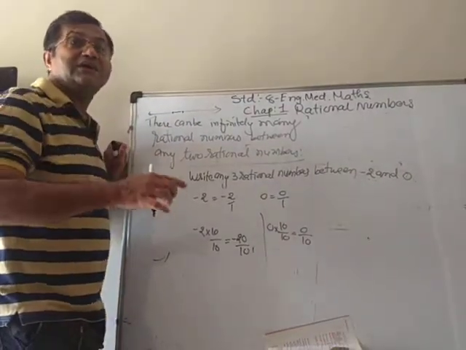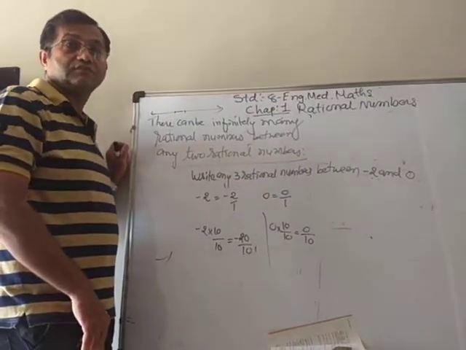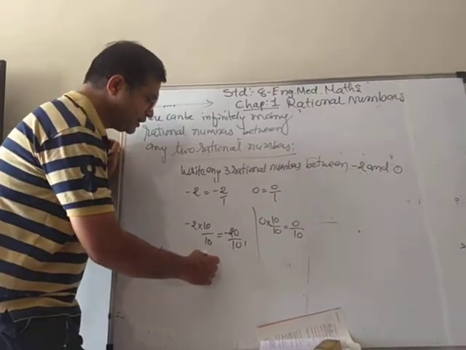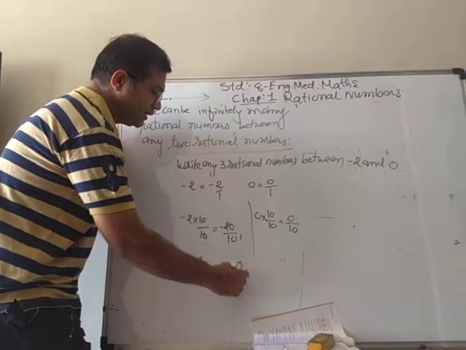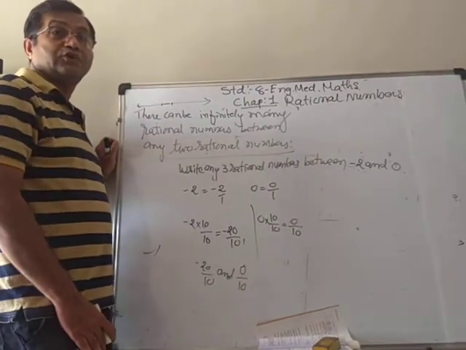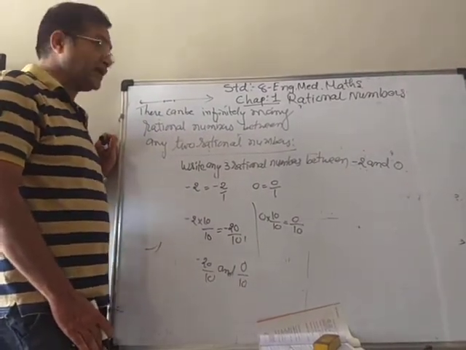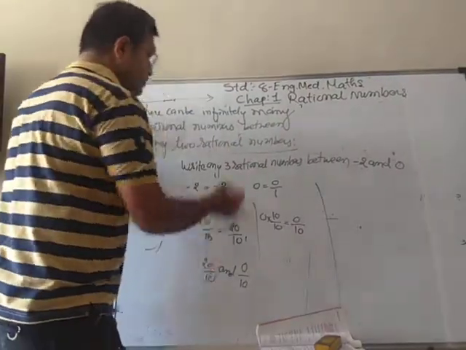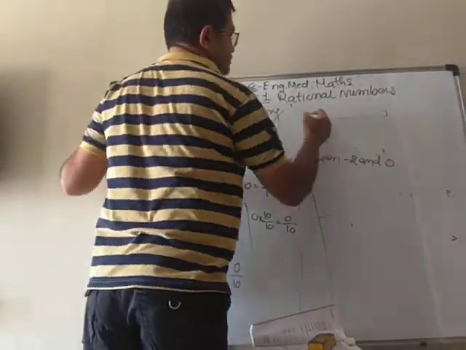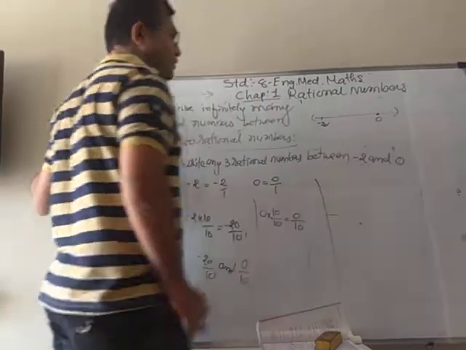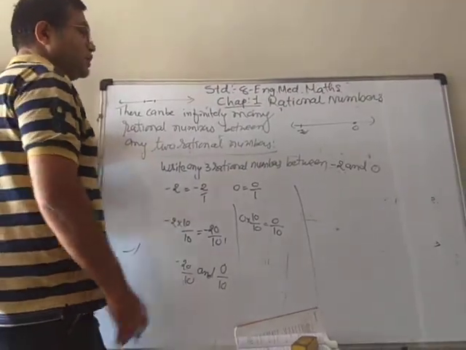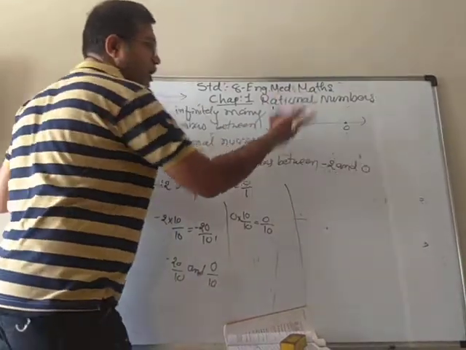Now you get a big range here, between -20 upon 10 and 0 upon 10. You can see that -20 will be here and 0 will be here. Between -20 and 0, how many numbers are there?